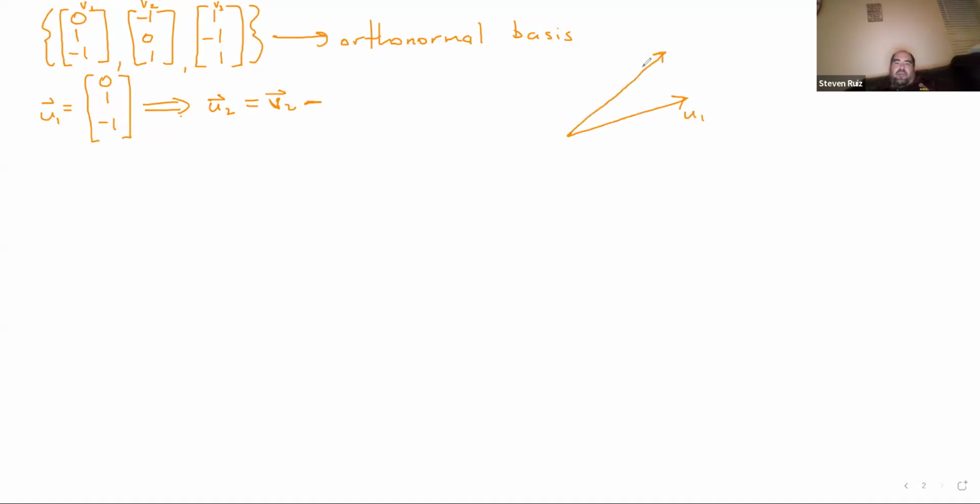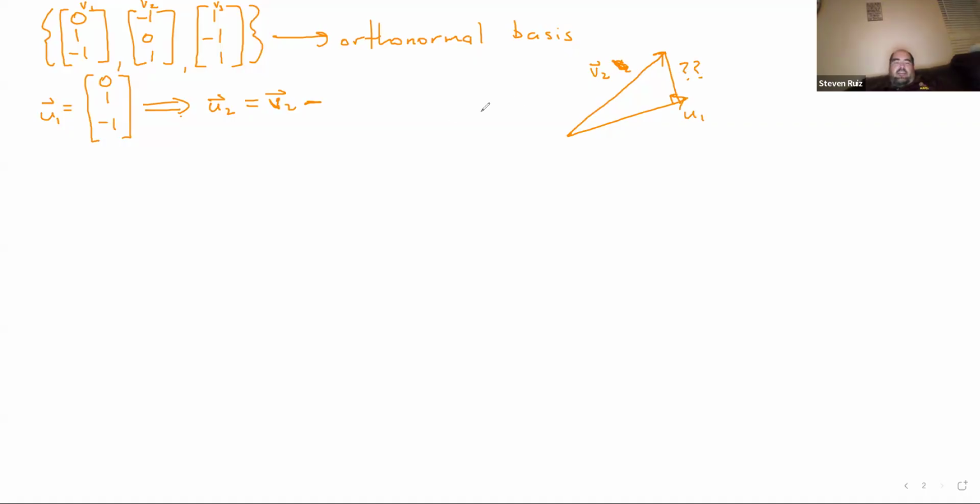And basically what I want to do is break down v2, or what you're calling old 2, into two pieces. u1 and v2 are not perpendicular to each other, but I can break v2 into two different pieces, one of which is fully parallel to u1, and one of which is fully perpendicular to u1. I want this one, the one that I'm putting a question mark on. That's the one I want.